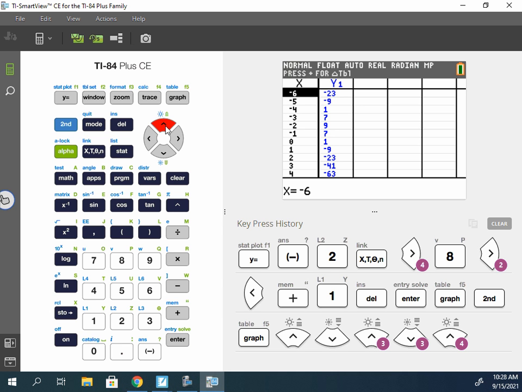Graph. Calculator. Oh, I see. Yep. Now, my numbers do not look like that. Let me see.